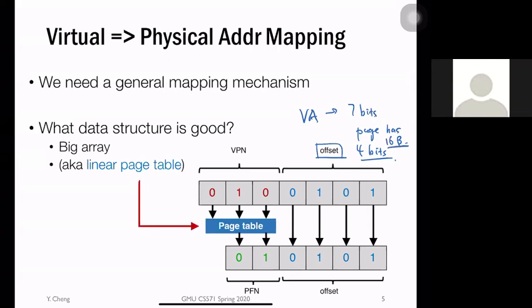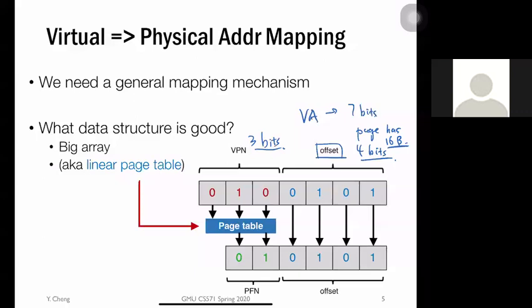Given that the length of the virtual address is 7 bits, the high bits part has 7 minus 4, which is 3 bits, reserved for what is called the virtual page number field. So this virtual page number field has 3 bits.